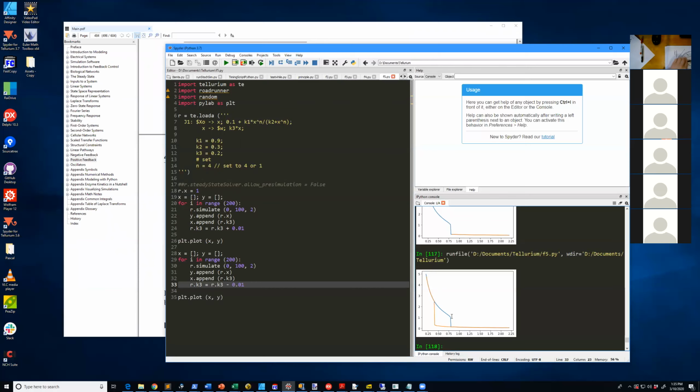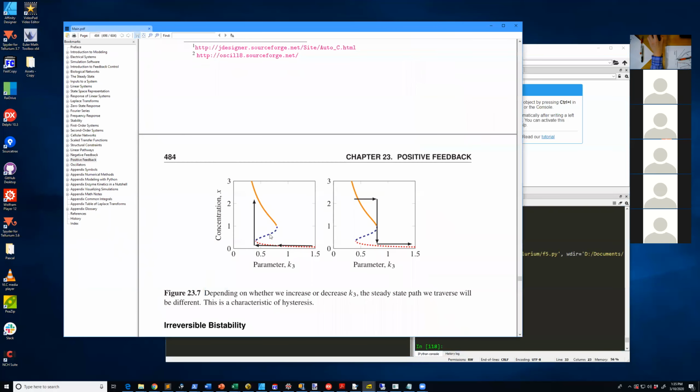So you may be asking, what's happened to the middle bit? This dotted bit here, this blue bit. Well, that bit is unstable, and that's the middle steady state, and I can't get to it via a simulation, so it misses it out completely.